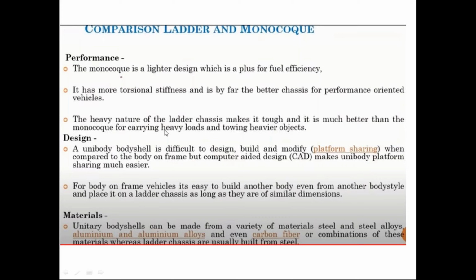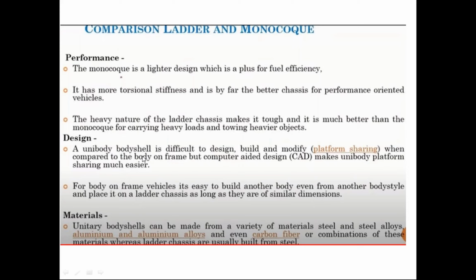That's why heavy duty vehicles use separate chassis frames. Then related to design, a unibody's body shell is difficult to design, build and modify when compared to the other types of frames. So that's why maximum mass production is required for the monocoque type of model.